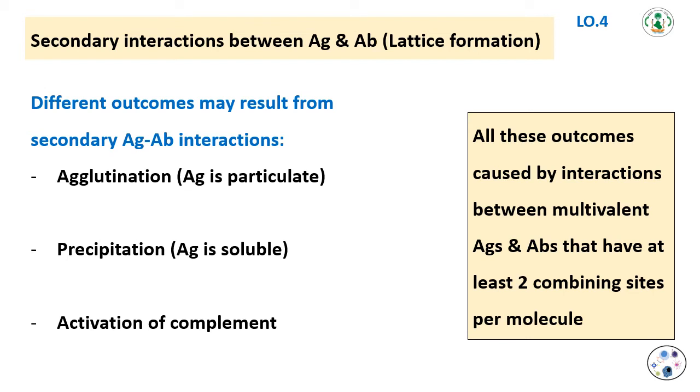Lattice formation means cross-linkage between antibody and antigen. All these outcomes are caused by interactions between multivalent antigens and antibodies that have at least two combining sites per molecule.